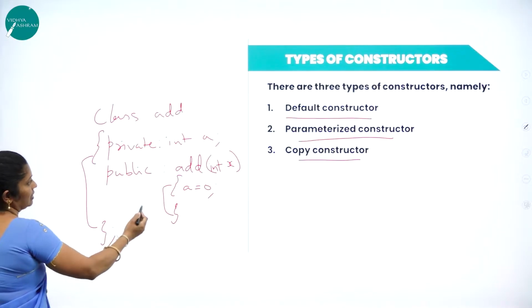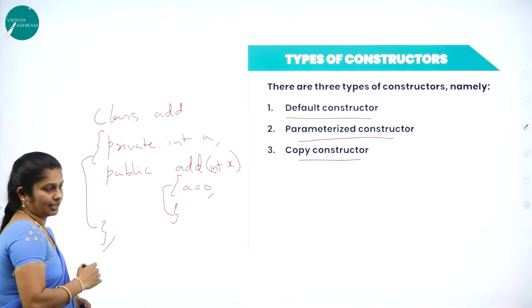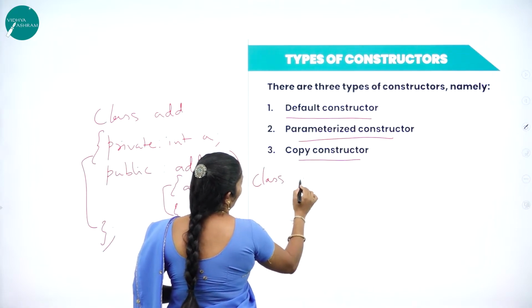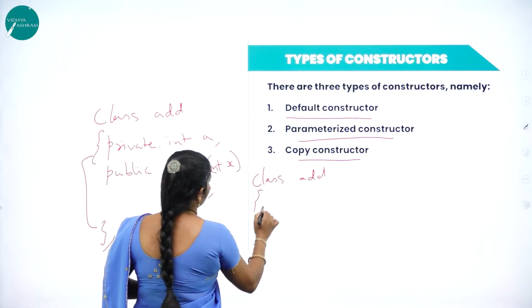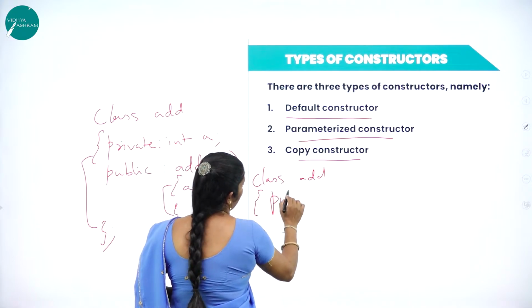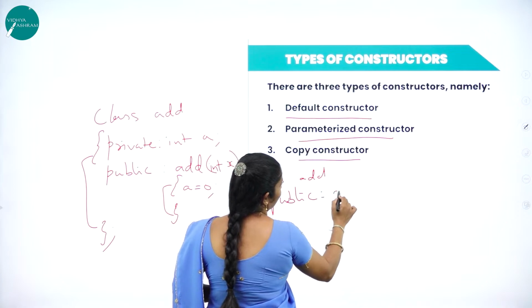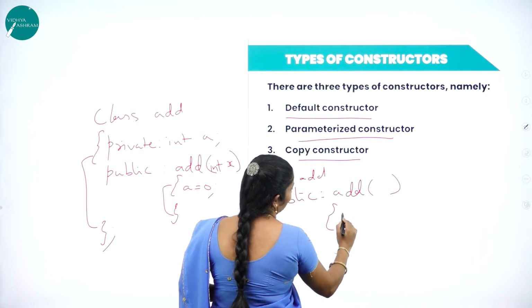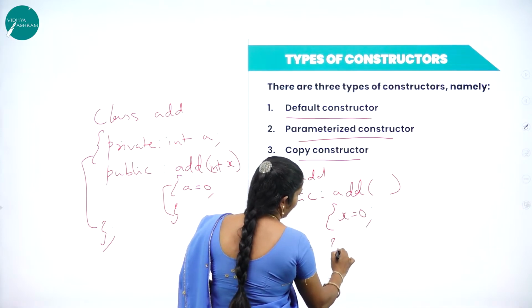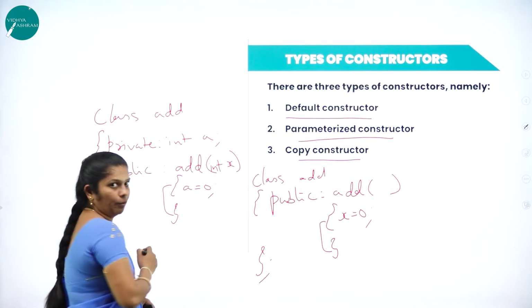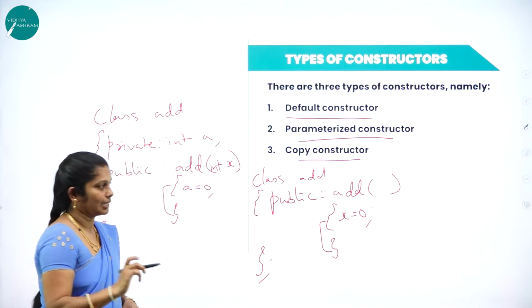For example, consider here it's a parameterized constructor. One more constructor I will write, default constructor, class add only. In private section, you can declare the variable. Otherwise, in public section, I am declaring the function add. Here empty bracket, here I'm initializing, for example, x equals 0, then I'm closing this, then I'm closing the class. If you have arguments, then it is parameterized constructor.